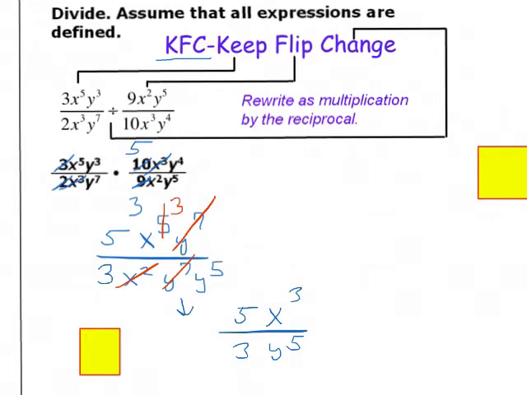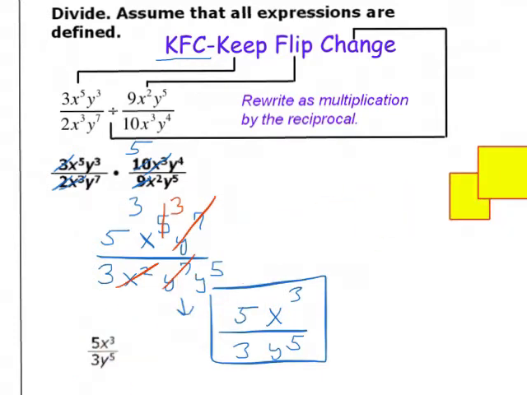And then notice, we got the same answer as I did before. So, in a nutshell, what's the difference between these two problems, between multiplication and division? Very little. The only difference is you use the KFC, keep, flip, change, and then you do the problems the same. Alright, let's see how we did. Did we get this answer correct? And yes, we did.